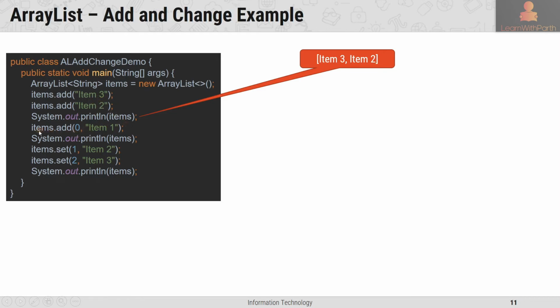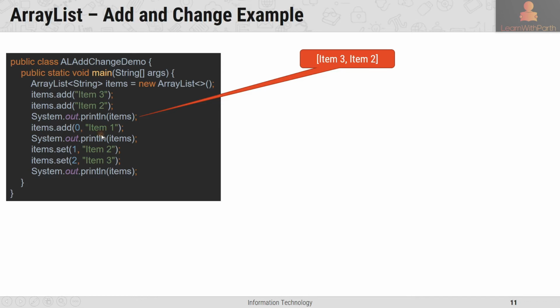Then if I want to add item 1 at the first location, at the 0th index, at that time I can use an overloaded version of the add method, in which the first argument is the index where you want to insert the new item, followed by that particular item. Here it is a string type, so that is what we have specified.